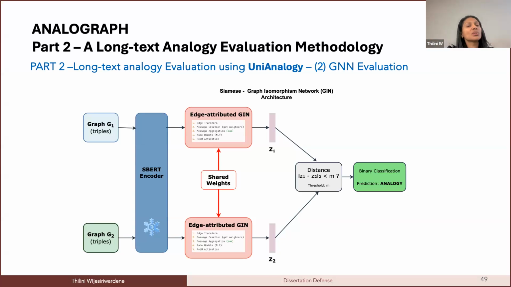So we wanted to use that knowledge in the pipeline. So you train this model as a binary classification, whether two graphs are analogous or not, based on distance, so it's based on thresholding.